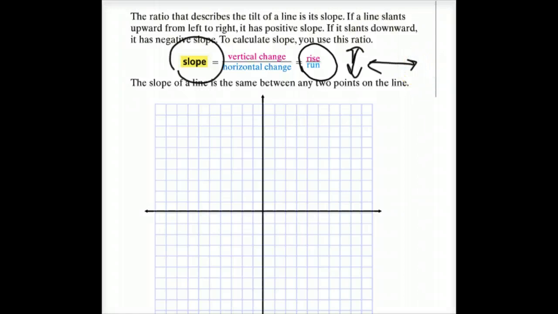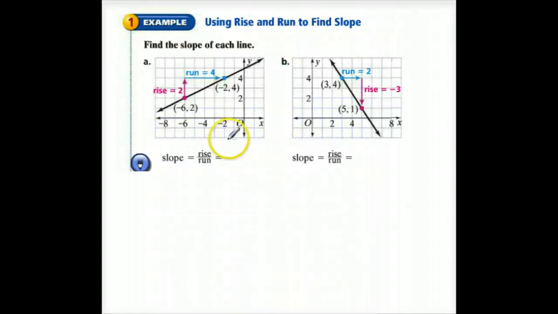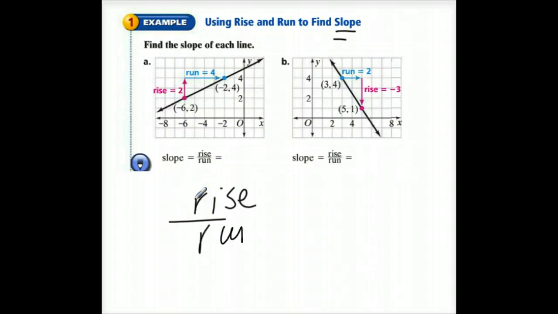So I'm going to show you how you can find 2 points on a line and be able to tell the slope from those 2 points. So, first example. If I have a line in example A like this, if I want to know the slope of the line, remembering the rise over run, first find 2 nice points on your graph.